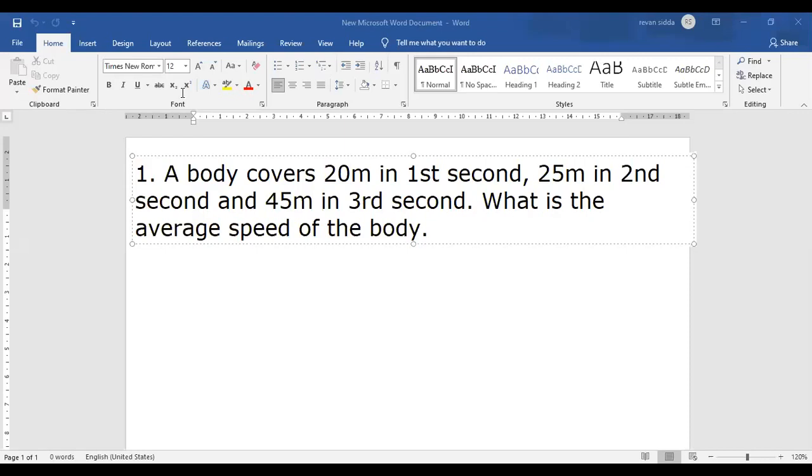Yes, you are right, Gayatri. Where are the units? Shreya, units should be there. Shreya, you are wrong.